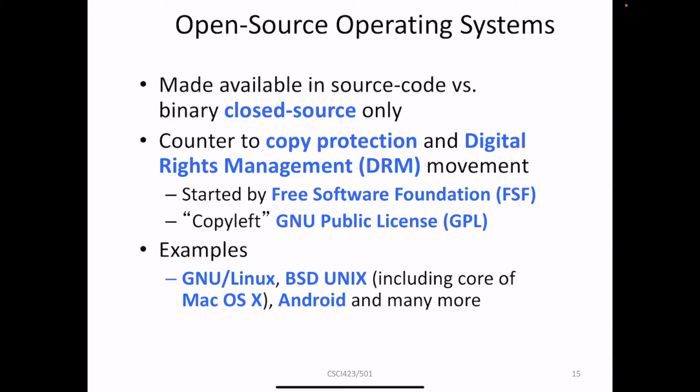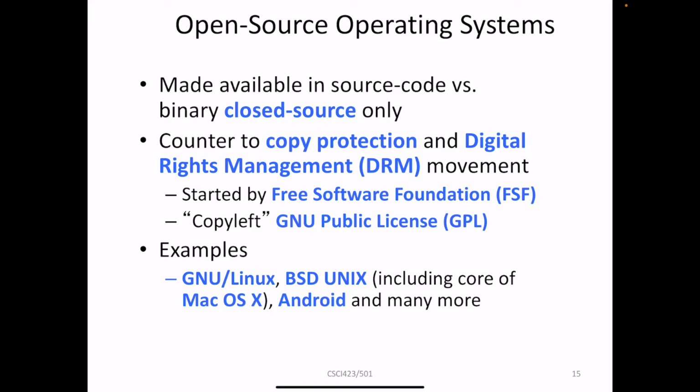However, a piece of the core part of the Mac OS is open source because it is built upon BSD Unix, which is open source. Also, Android is another open source operating system for mobile devices.